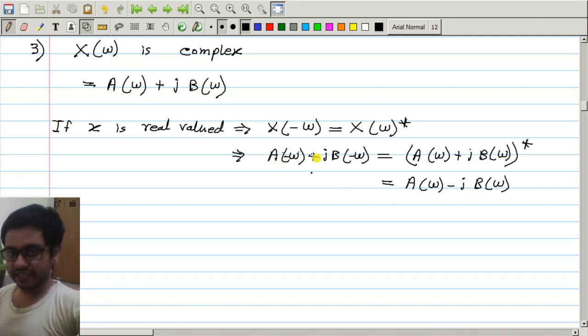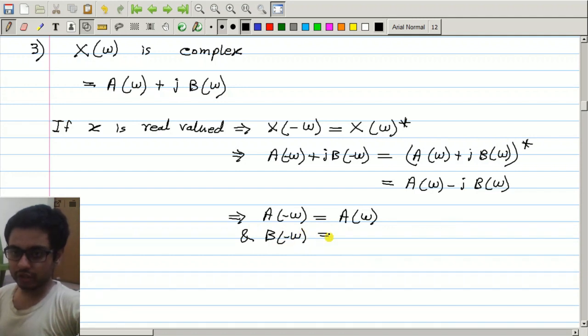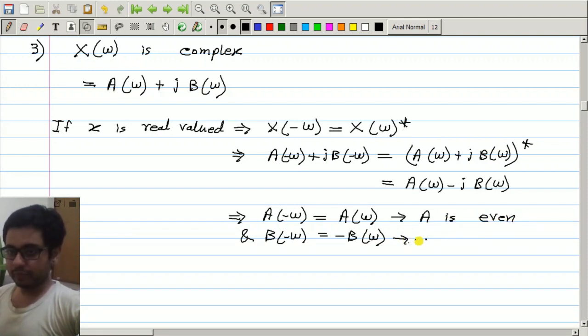Now comparing the real and imaginary parts from the left and right side, you can see that A(minus ω) should be equal to A(plus ω), and B(minus ω) should be equal to minus B(plus ω). That means A is even but B is odd.